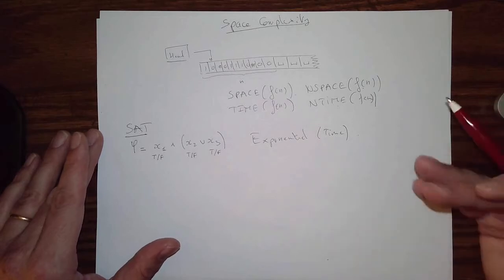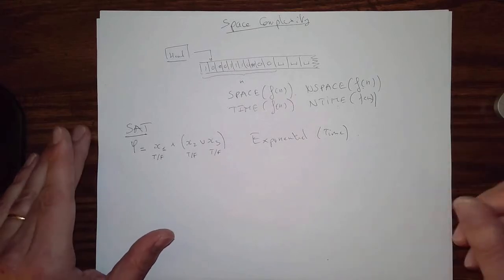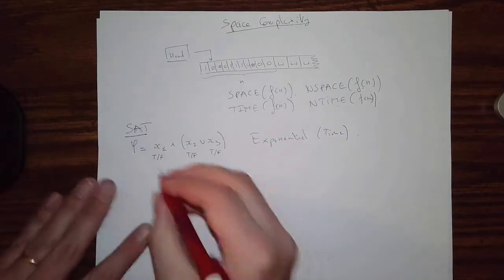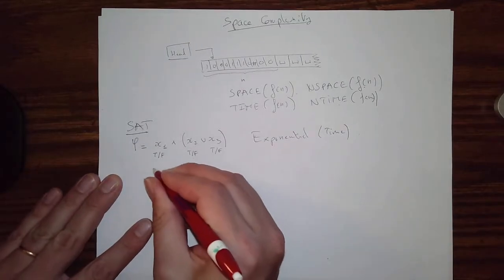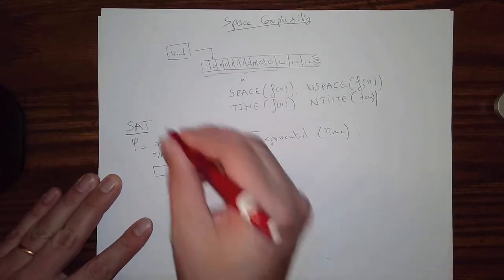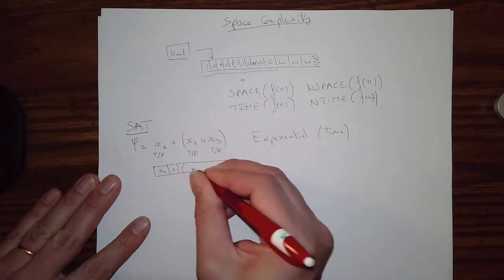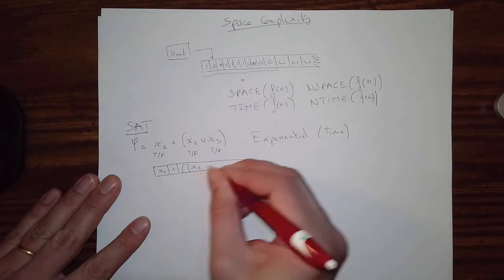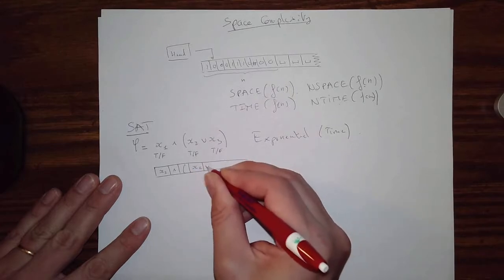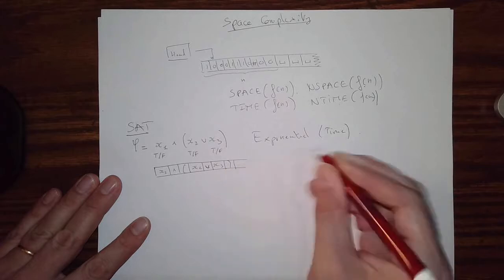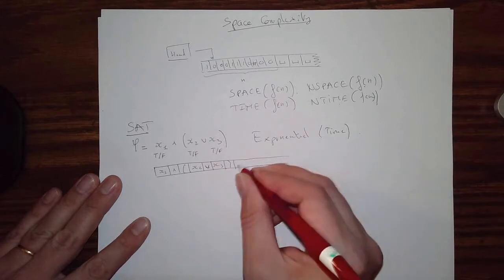So try to think of a Turing machine that could solve the SAT problem. Imagine that we have phi given as an input. So we're going to have x1 and (x2 or x3) and then the blanks.